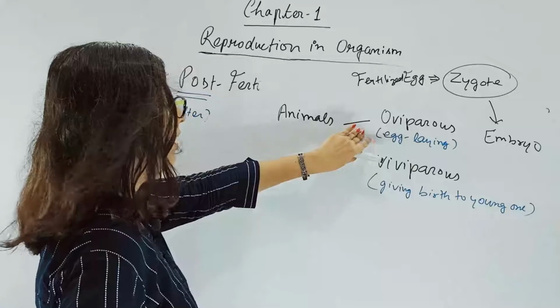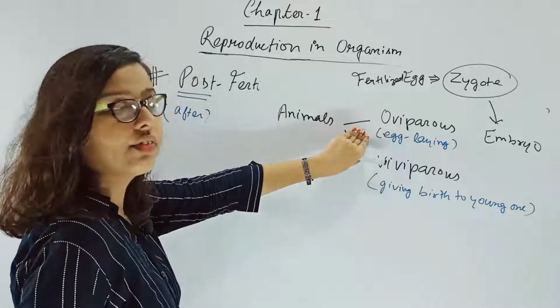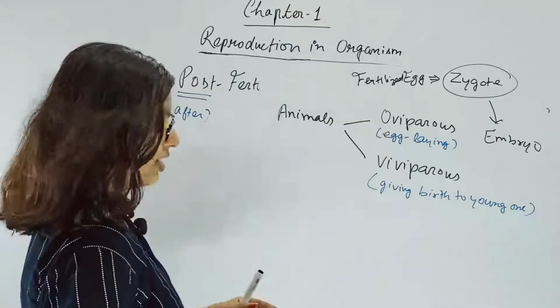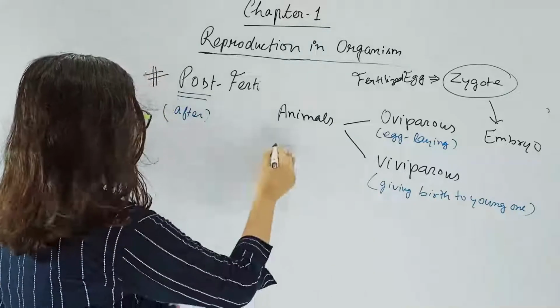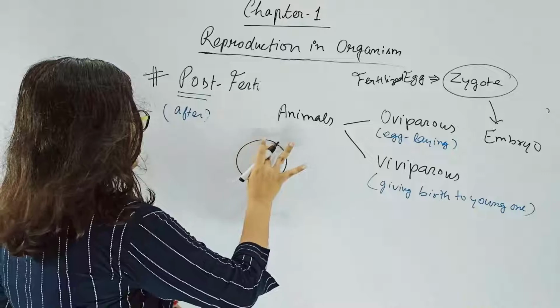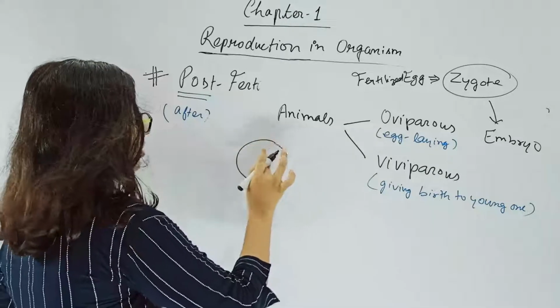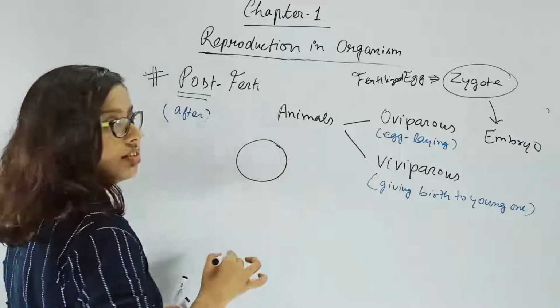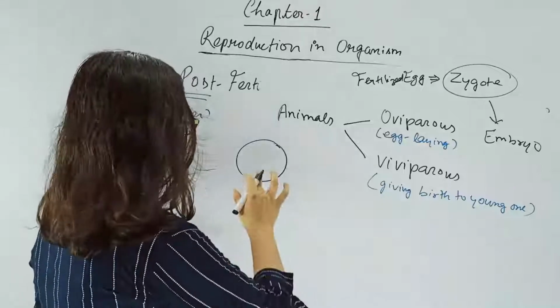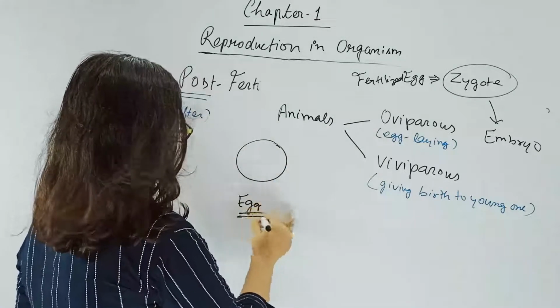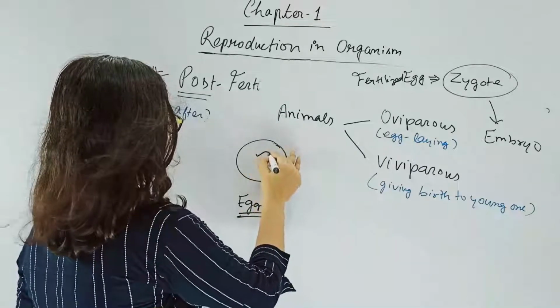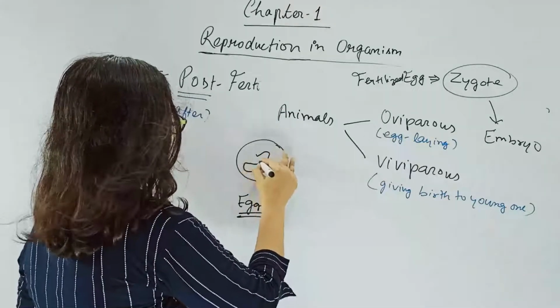So in the egg-laying organisms, the egg is already the zygote, and this zygote is secreted out of the female body, and this zygote develops into the embryo.